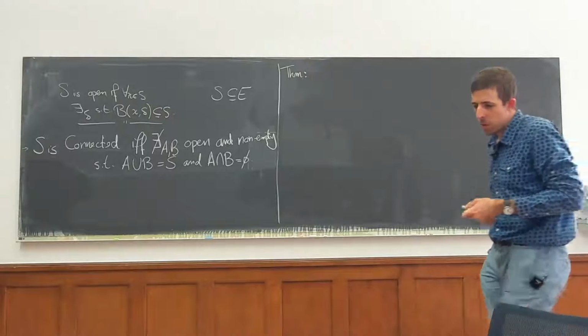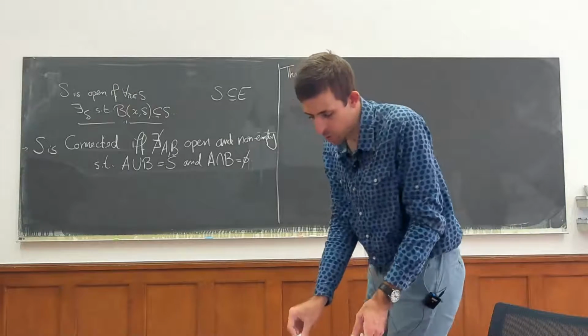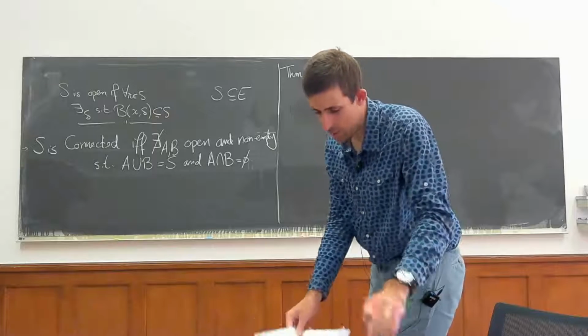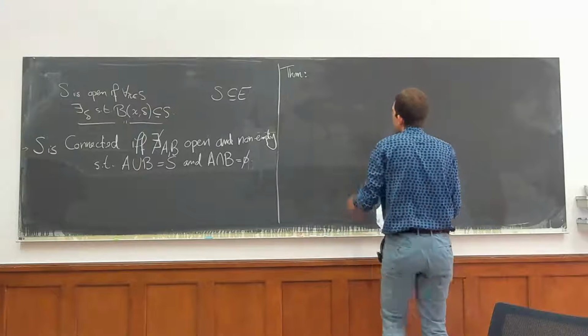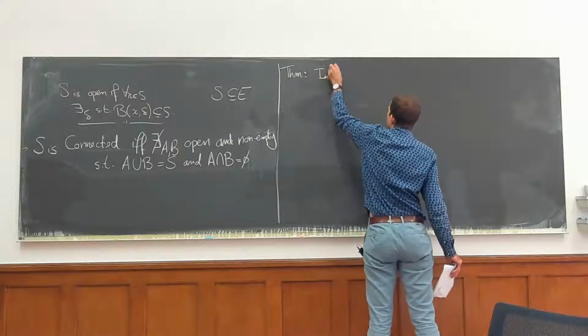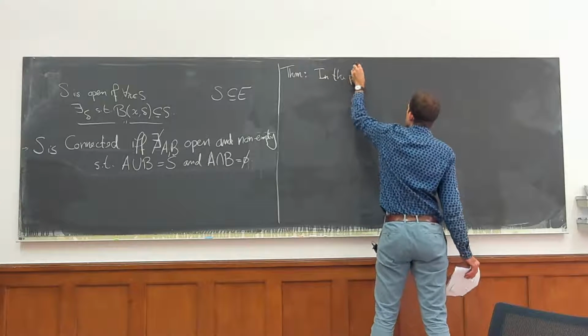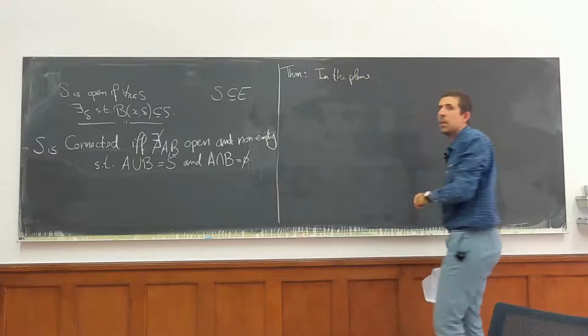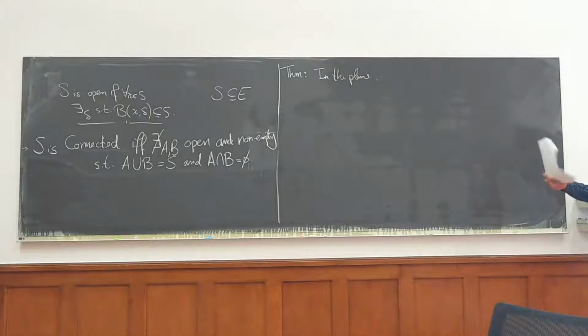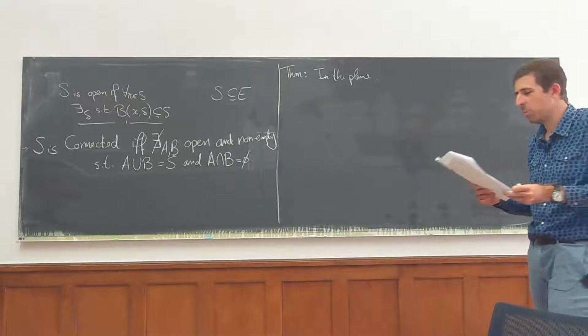Okay, so now, basically what I'm going to show is in the plane. I'm purposely saying in the plane to not say it's R2, but it could also, of course, be the complex numbers.